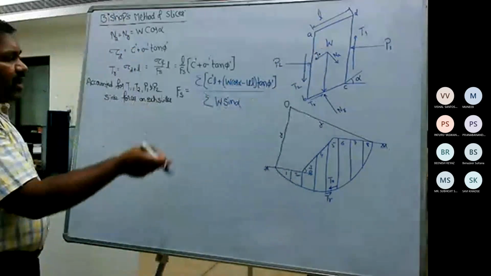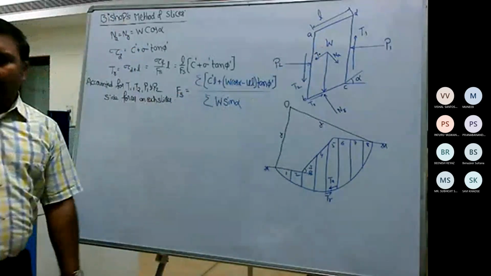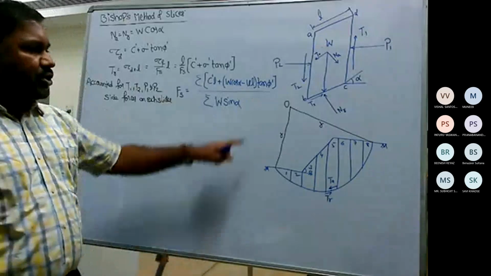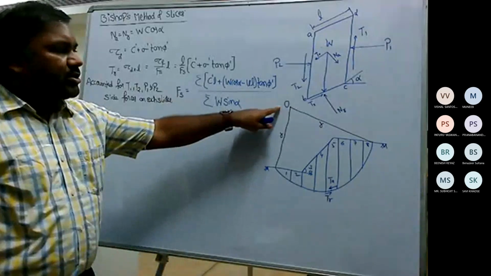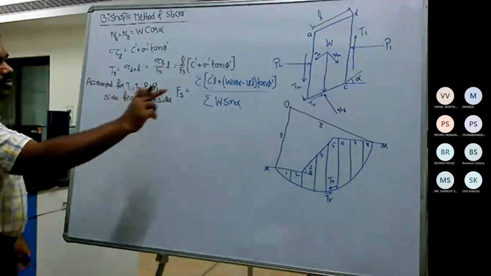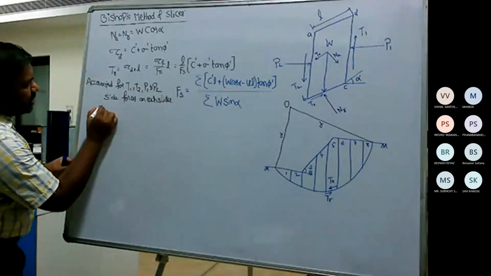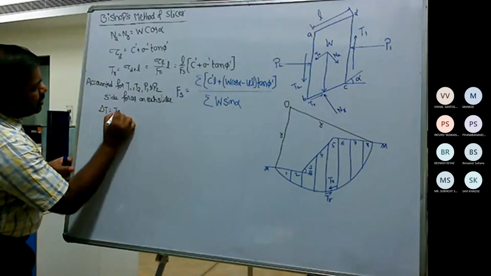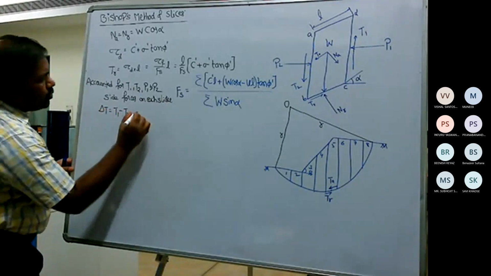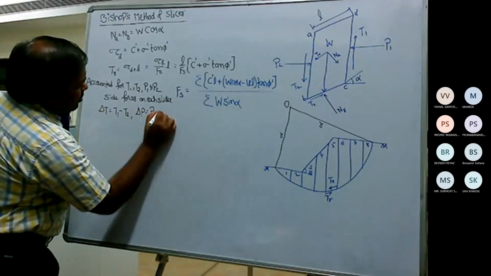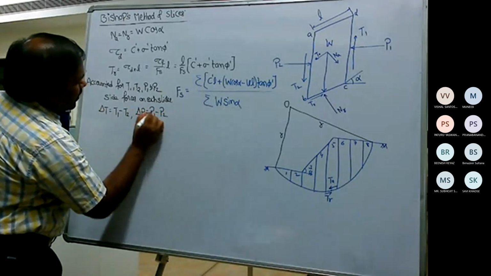In order to arrive at the factor of safety equation, you also need to consider one more equilibrium equation in addition to the summation of all the moments about O. Sometimes in some books you can also see this written as delta T equals T1 minus T2 and delta P equals P1 minus P2.